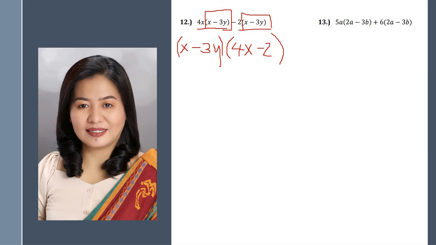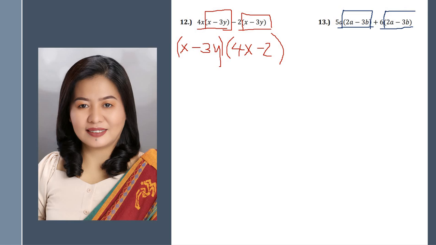Number 13, we have 5a times the quantity 2a minus 3b plus 6 times the quantity 2a minus 3b. Looking at the given, our common factor would be 2a minus 3b.